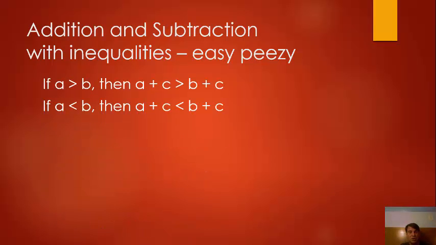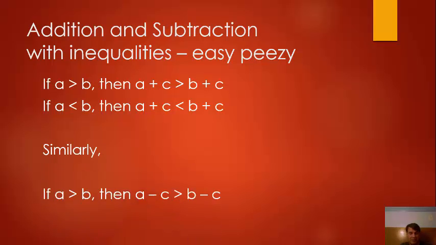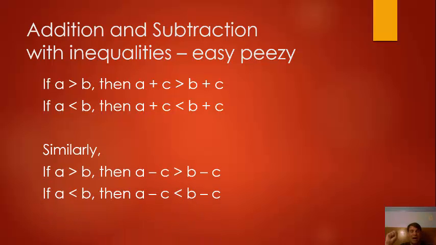Easy peasy. So let's say that you have an equation where you feel like in order to solve this, you're going to have to add the same thing or subtract the same thing from either side. Well, guess what? It really doesn't matter. Because if you add the same thing to both sides or subtract the same thing to both sides, the inequality remains the same. If you started with a is greater than b, then by adding c to both sides, you're still going to end up with a plus c is greater than b plus c.